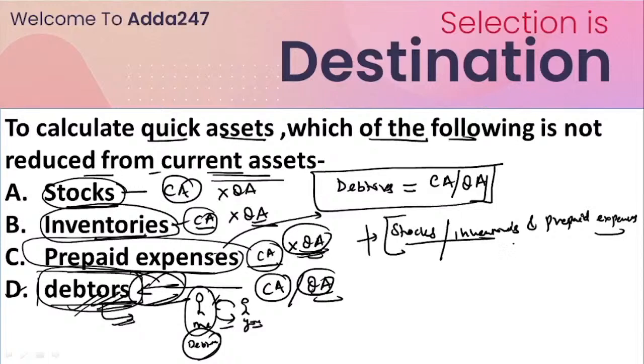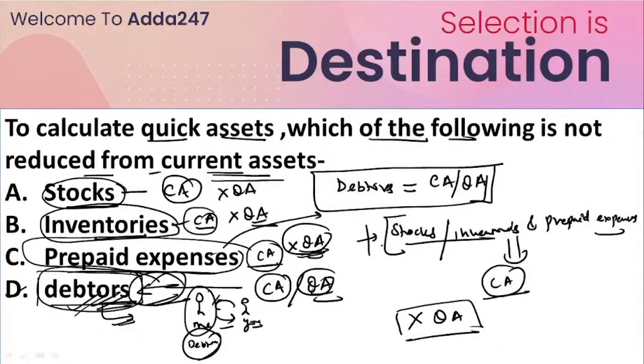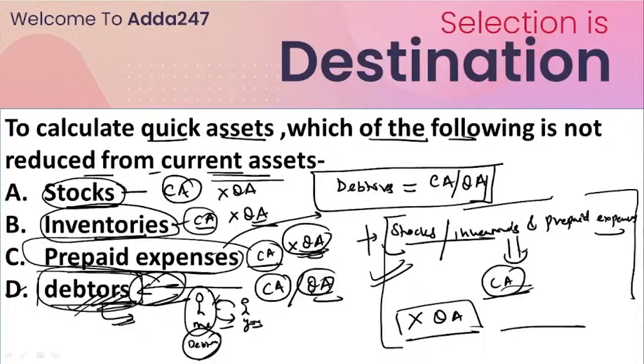Stocks, inventories and prepaid expenses are all a part of current assets but not of quick assets. Make notes of this, it will be very beneficial for upcoming questions. Just write down that stocks, inventories and prepaid expenses are not quick assets, they are only current assets. I hope it is clear for everyone.